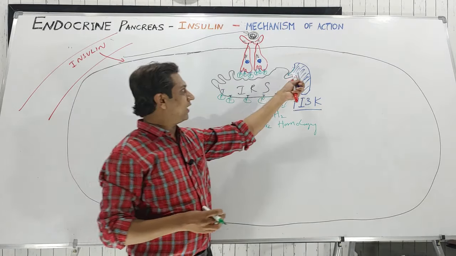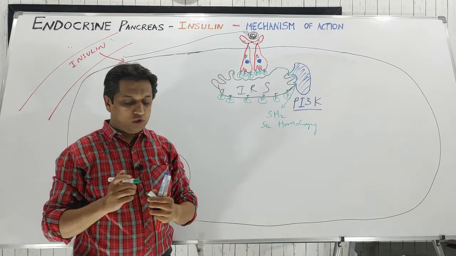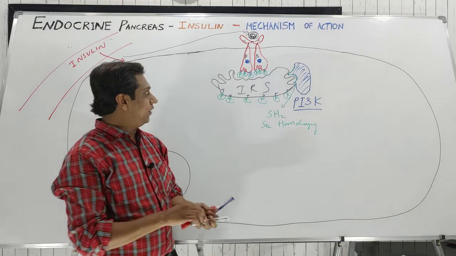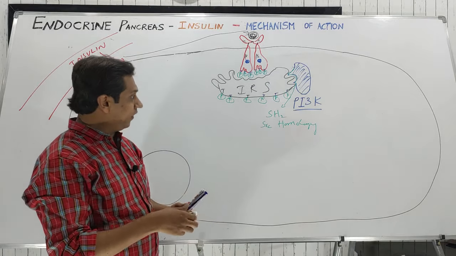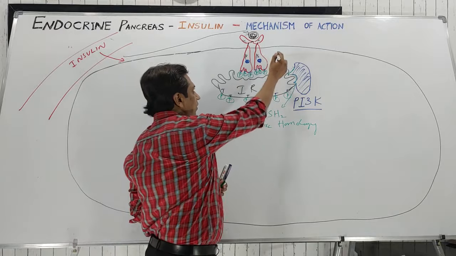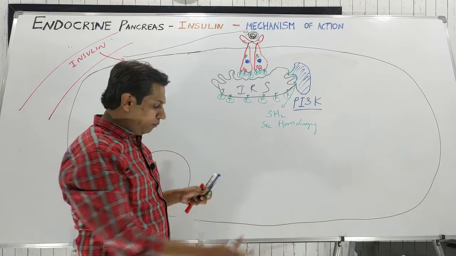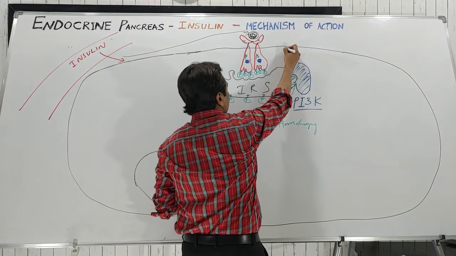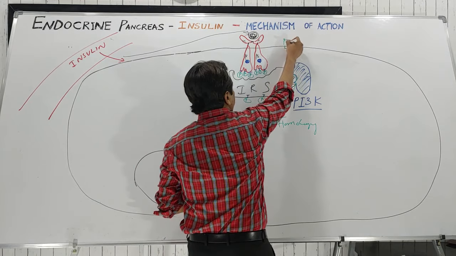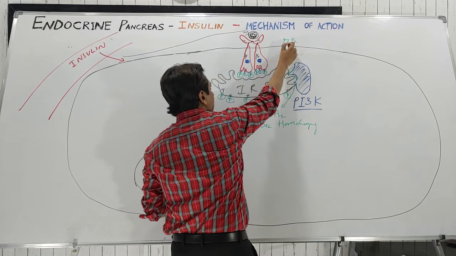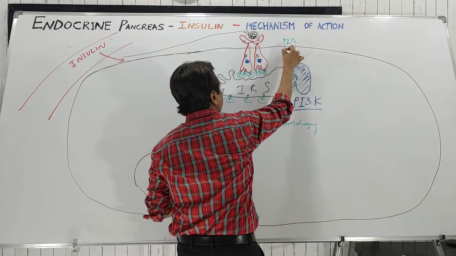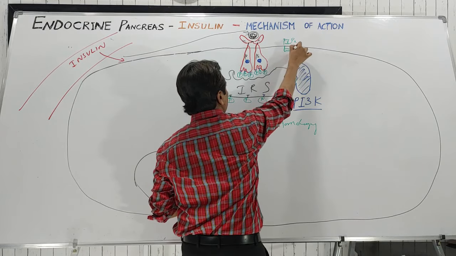Now once it gets activated, what it will do is, on the cell membrane surface, this lipid bilayer, one of the lipids is PIP2, that is, phosphatidyl inositol diphosphate.